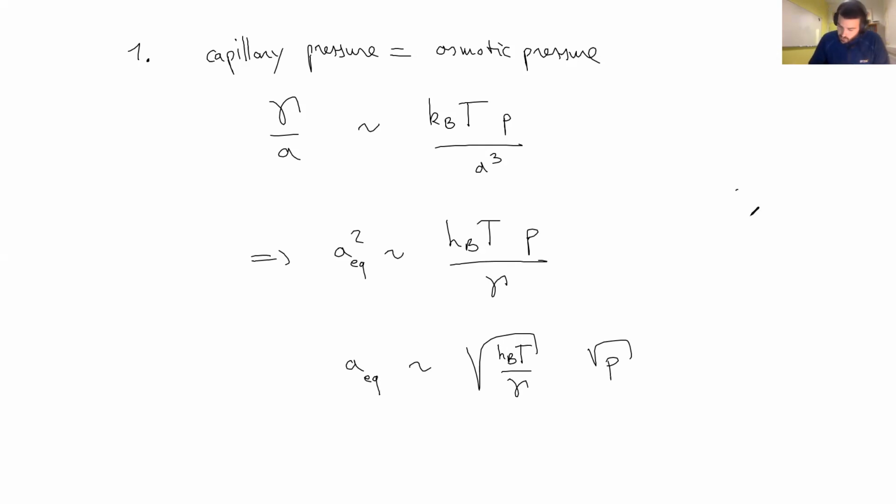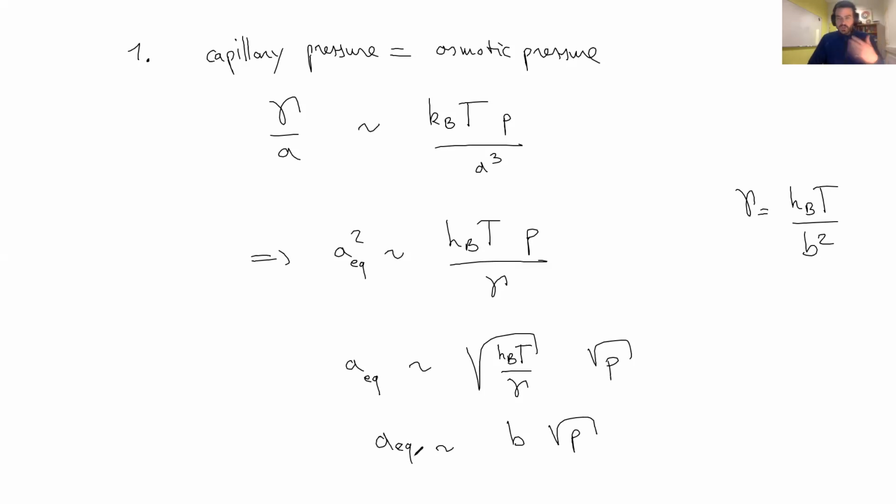And I can always say that gamma is something like kBT per unit of a certain molecular surface, or van der Waals interaction per unit of b squared. And so this typically corresponds to a length scale, which is a molecular length scale, so the size of a water molecule, for instance.